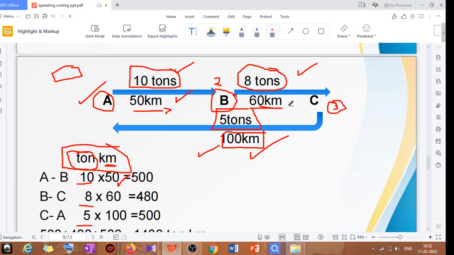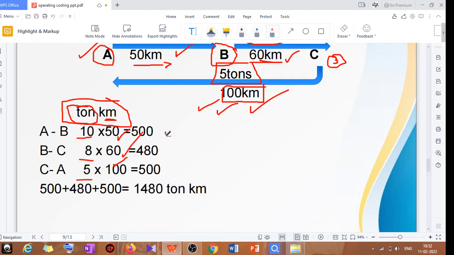Then from B to C, 60 kilometers. Then C to A, the distance was 100. Now you just need to multiply. 10 into 50 is 500. 8 into 60 is 480. 5 into 100 is 500. When you add all these, you will get the ton kilometer. That is 1480 ton kilometer.